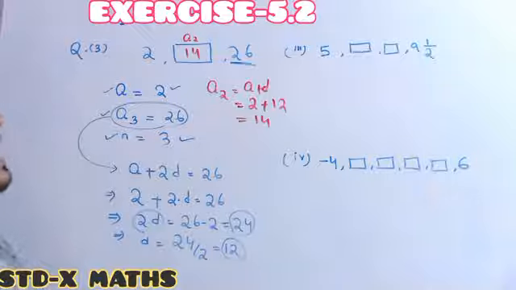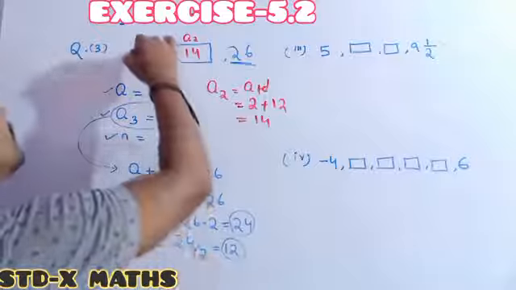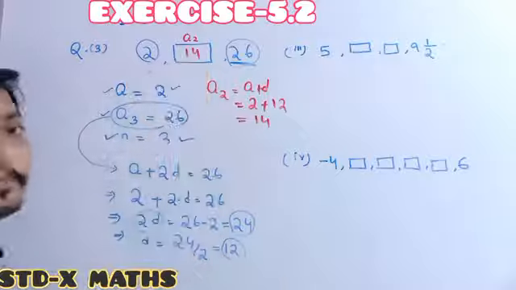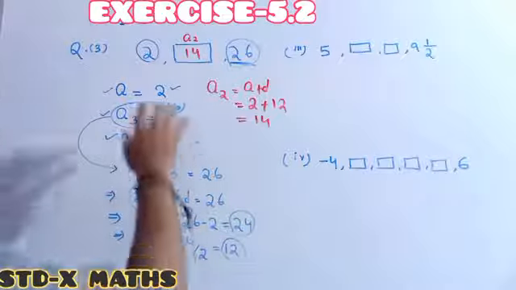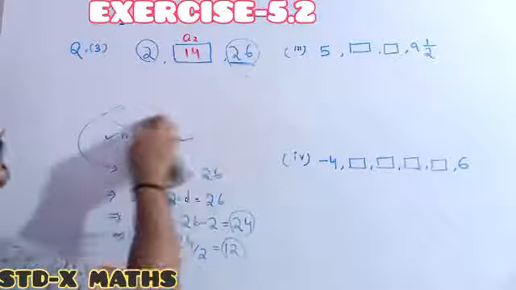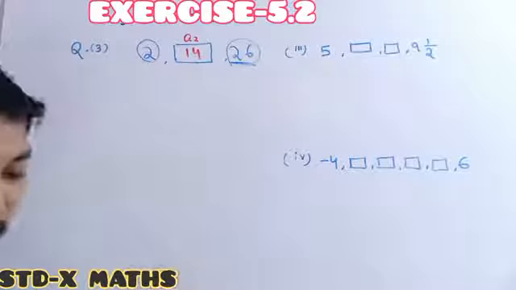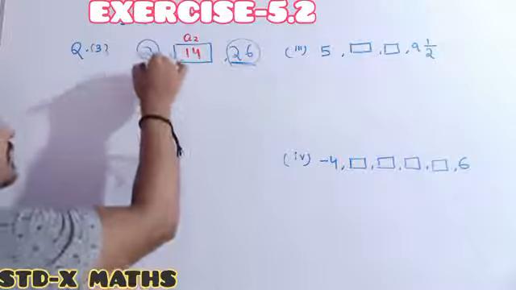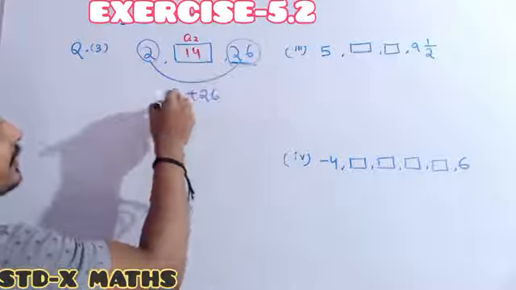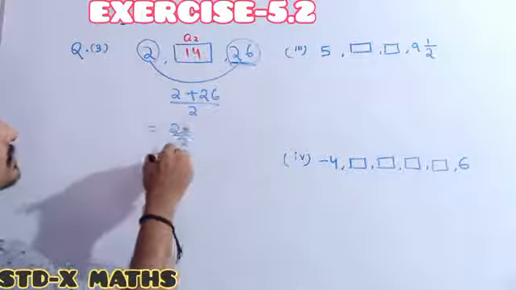And another easy trick I want to share with you. You have to remember, whenever two terms are given and between them one term is not given, the easier formula is: whichever two terms are given, find their sum, 2 plus 26, divided by 2, which is equal to 28 divided by 2, which gives us 14.